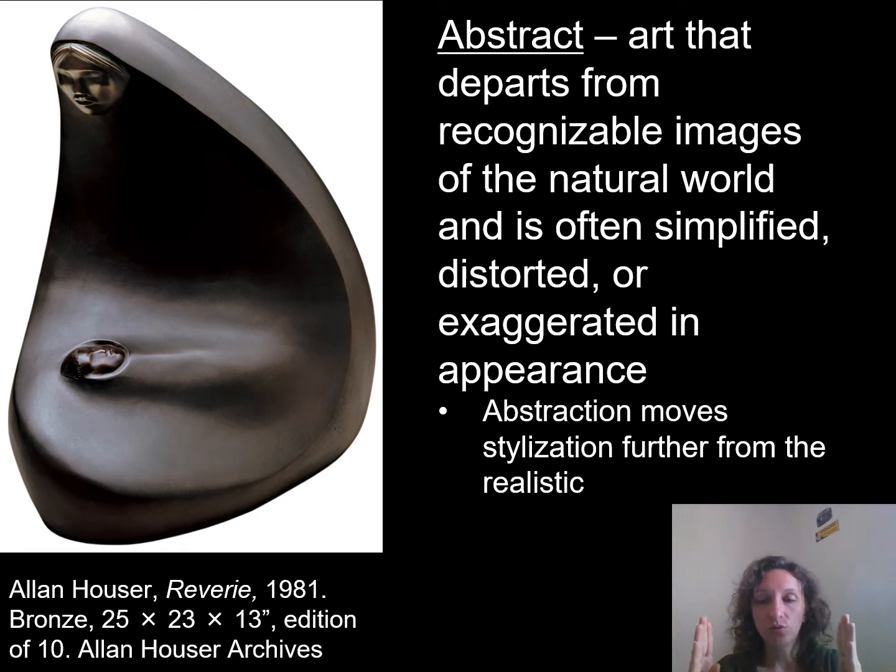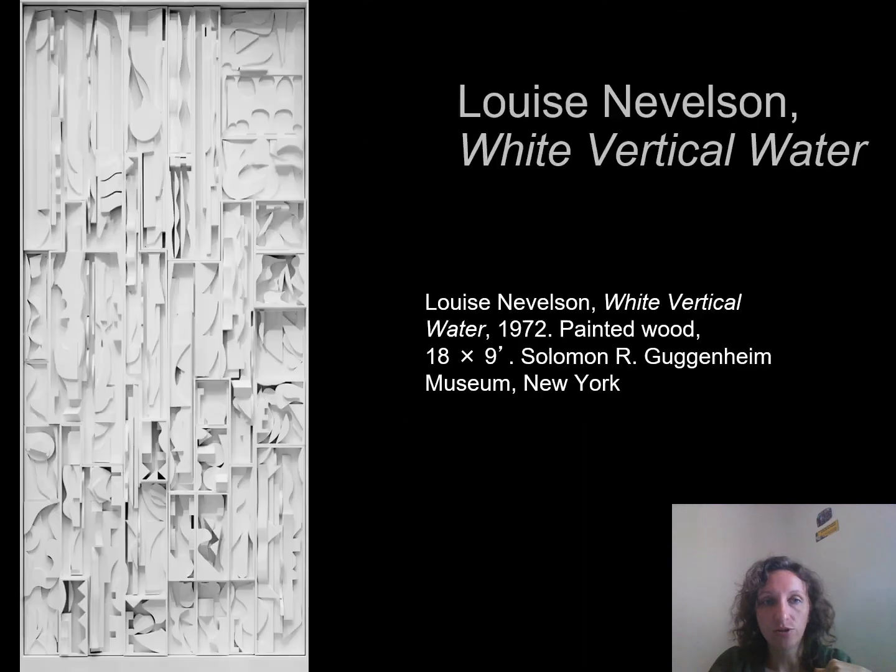If you want to think about it like a spectrum, where representational is on one side and abstract is on the other, stylized is moving in the middle between the two. This is another example of mother and child together, but they don't really have any distinct bodies. They're just one piece together. So very much moving away from that representational image.